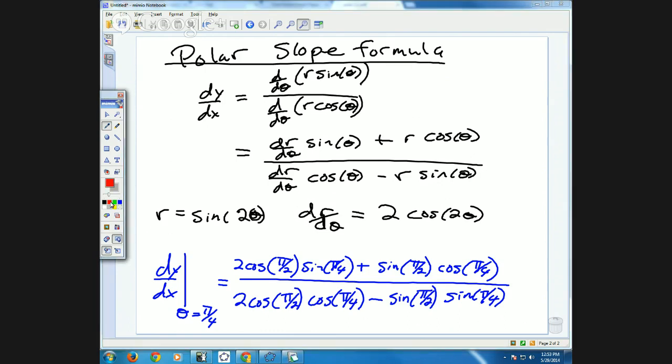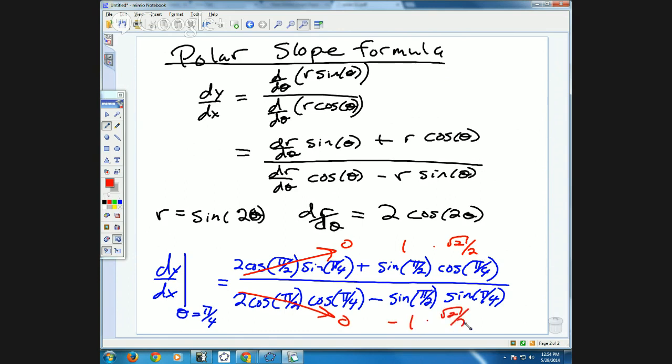Cosine of pi over 2 is 0, right? So this stuff is 0. Sine of pi over 2 is 1. So up here I'm going to have a 1 times the square root of 2 over 2. Down here I'm going to have a minus 1 times the square root of 2 over 2.